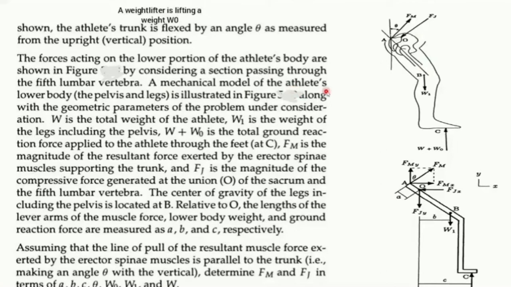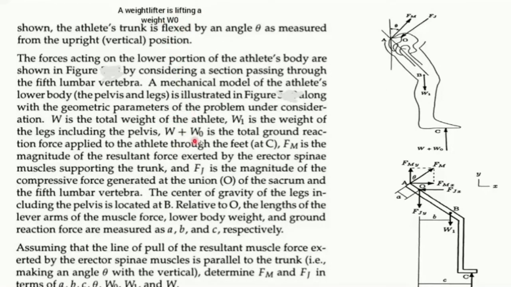A mechanical model of the athlete's lower body is illustrated in this figure, along with the geometric parameters of the problem under consideration. So W is the total weight of the athlete. W1 is the weight of the legs including the pelvis. W0, as already told, is the weight lifted by this weightlifter.